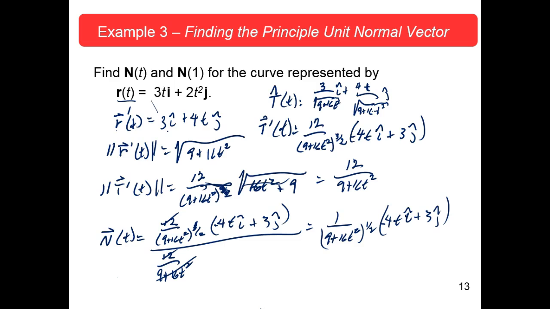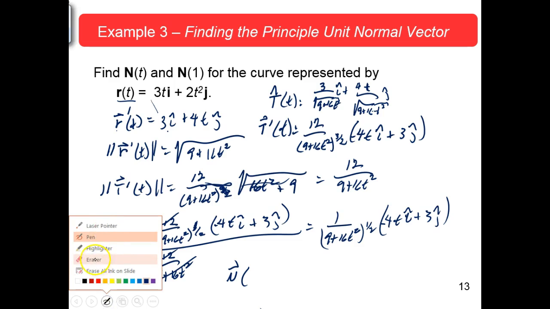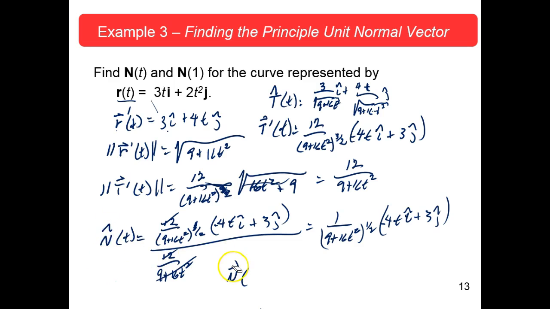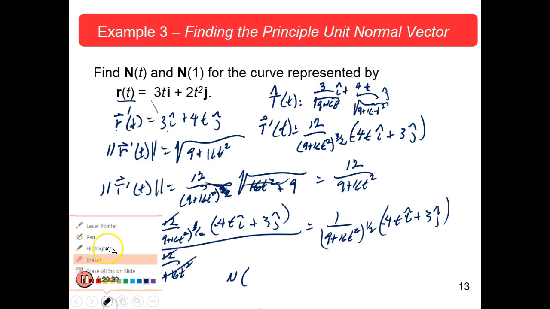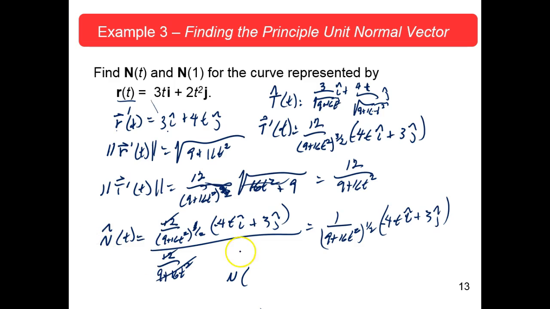All right. So that's your unit normal vector for any t. Whew. We finally get back and do it for 1. N, the unit normal vector. Oh, and this is a unit vector, so let me go back and put my notation in. It is a unit vector because you're dividing by its magnitude. So at 1, just plug in a 1.